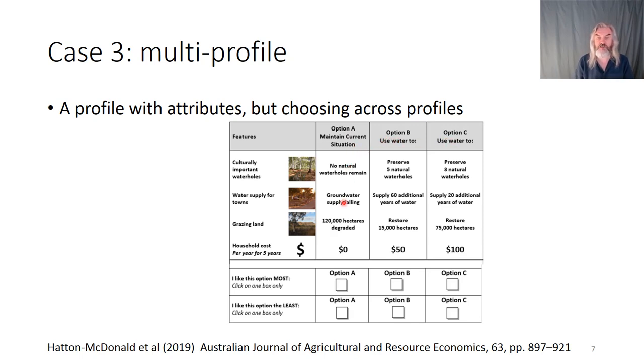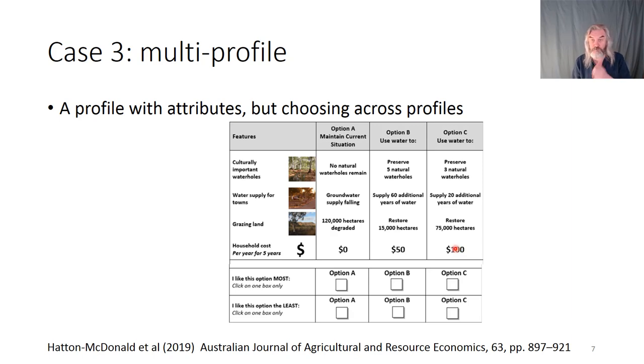There are various attributes that uniquely define each option, and these stay constant across all the profiles, because then we can compare across them and say which of these profiles we prefer. Similarly, I have to pick the best and the worst, in this case the most preferred and the least preferred, but I'm having to pick across a set of profiles.